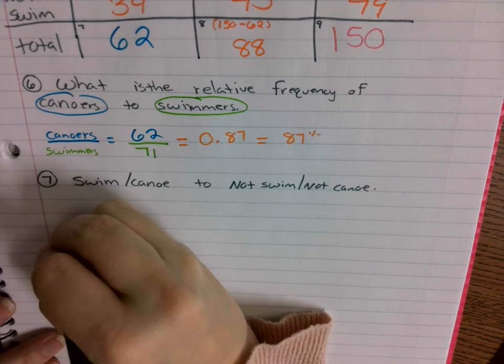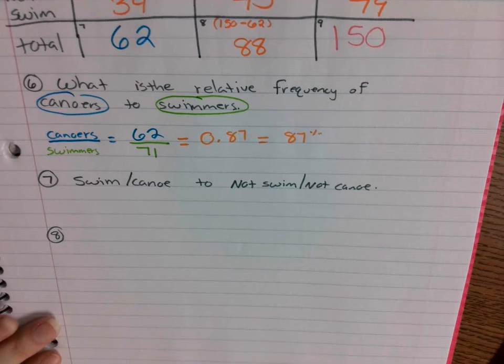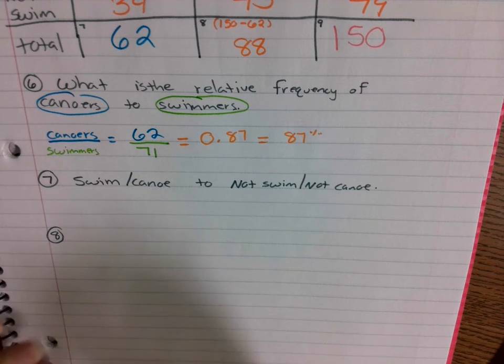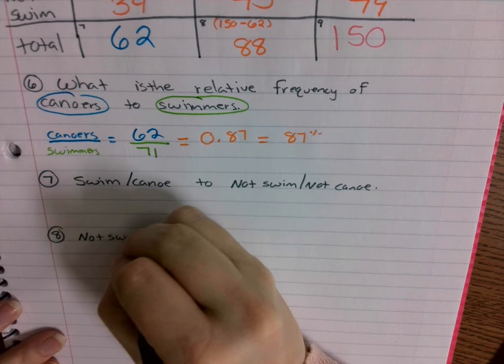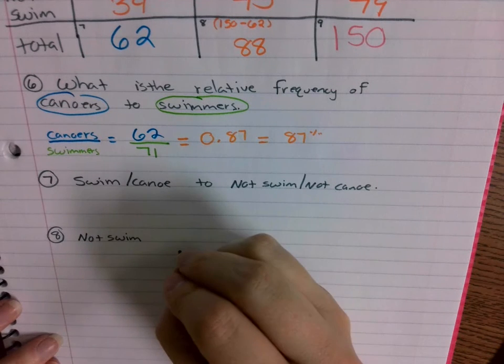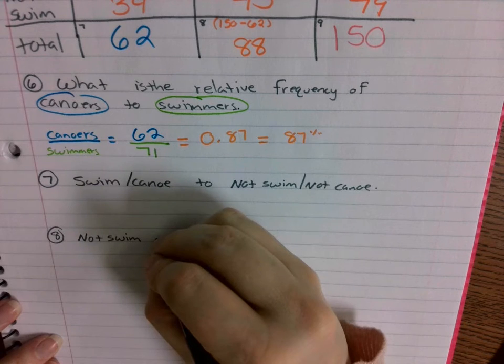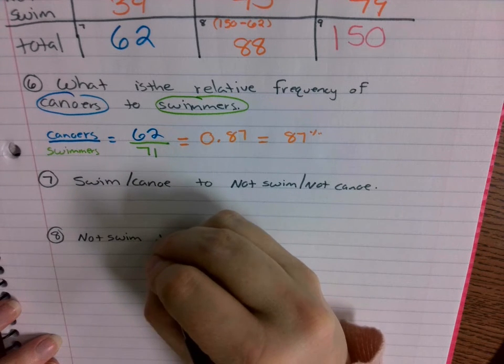And let's do the relative frequency of not swim to not canoe.